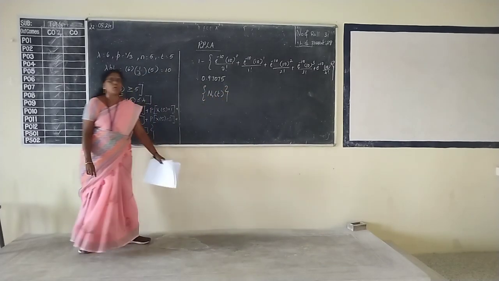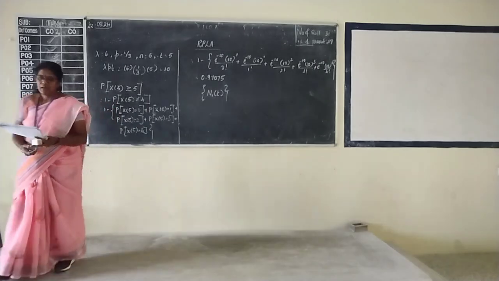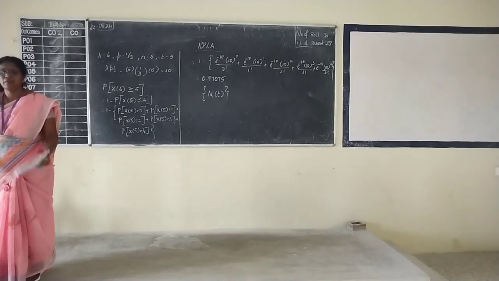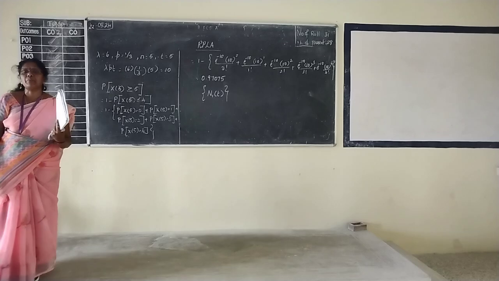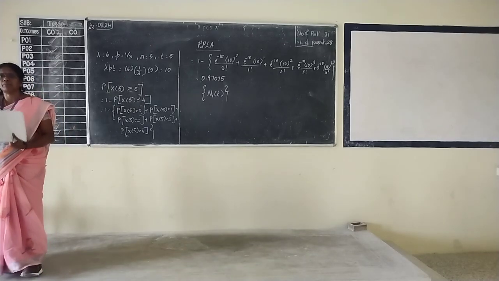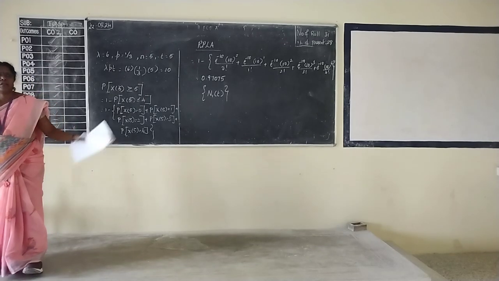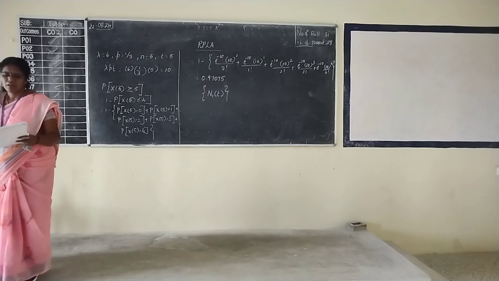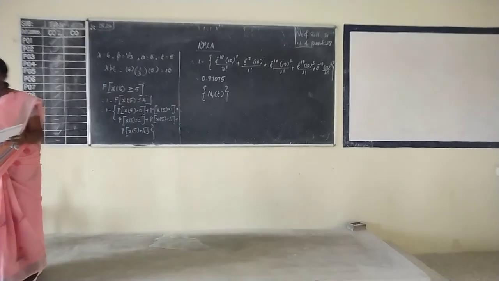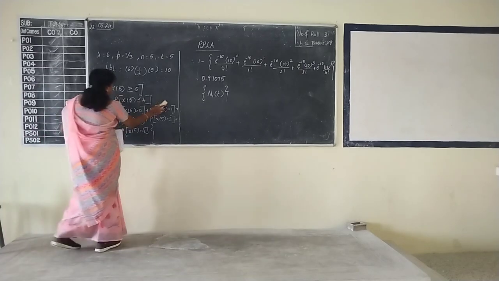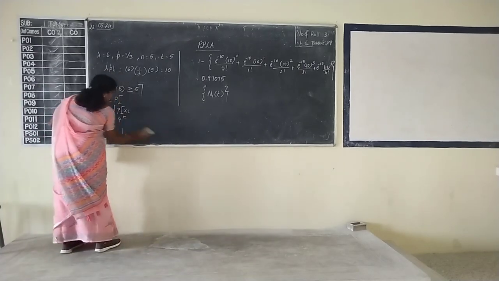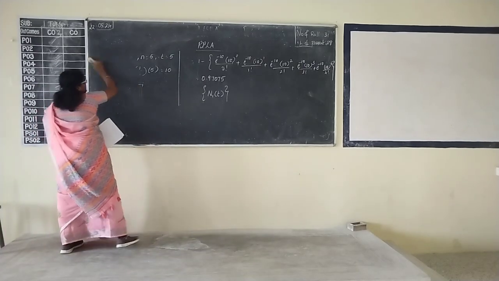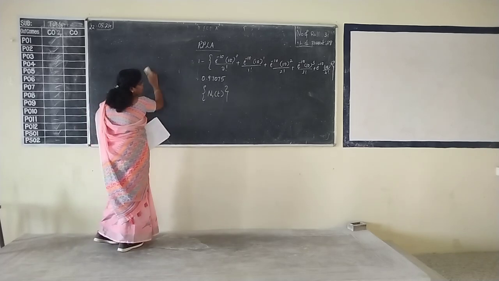If sequence N1 of t and sequence N2 of t, actually we will start from the random process, N1 of t and N2 of t are two independent Poisson processes.